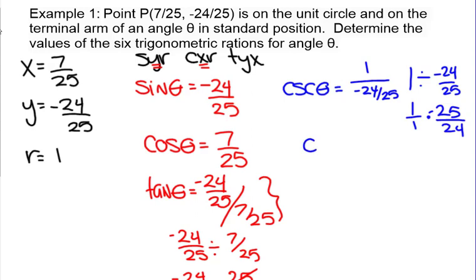So in total, our cosecant of theta is equal to negative 25 over 24. And notice that is just the flipped over version of the sine. I'm just showing you how we get it.